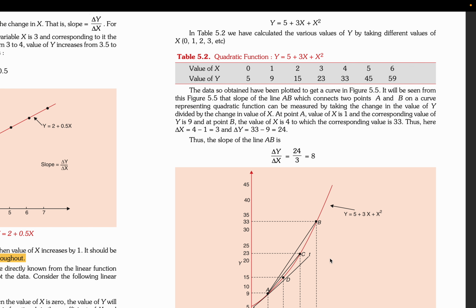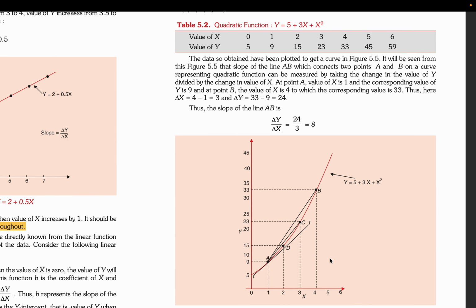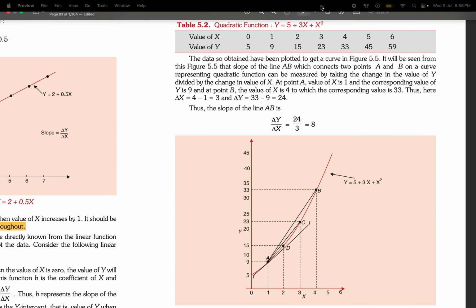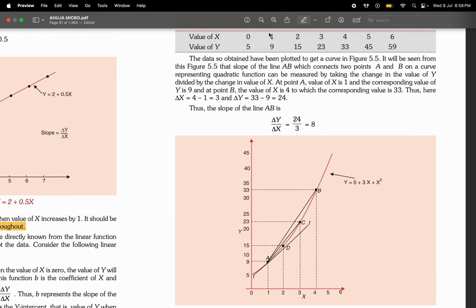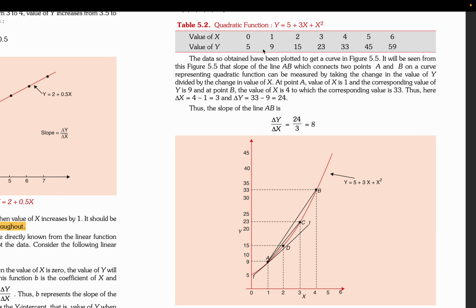We've calculated the various values of y by taking different values of x, just like we did in the case of a linear function. So you basically just put any arbitrary values of x to find out what the value of y in that particular case will be.